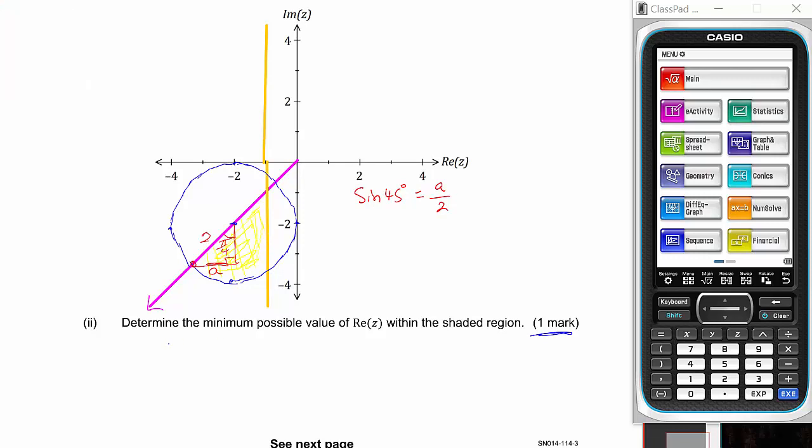So A is going to be 2 times sin 45, which is 2 times root 2 over 2, which is root 2. Now think about this. It's already 2, and then we've got the other root 2. So it's negative 2 plus root 2.